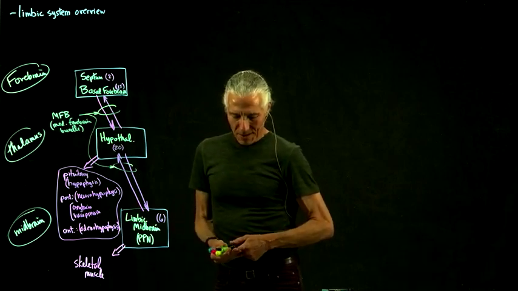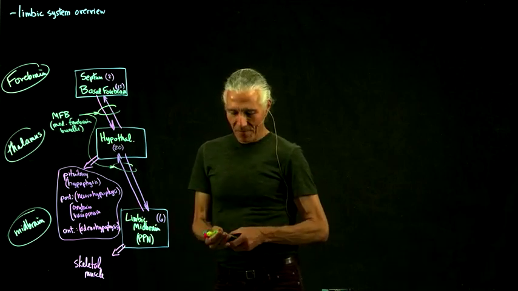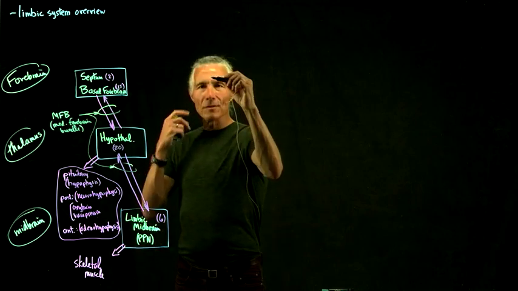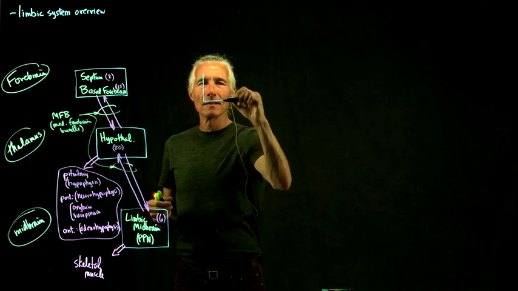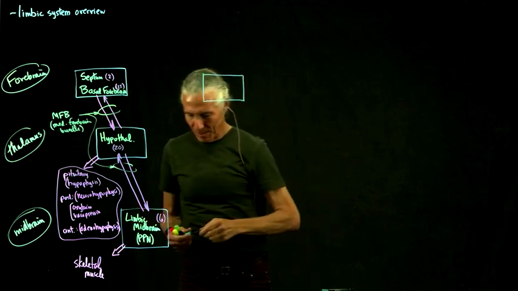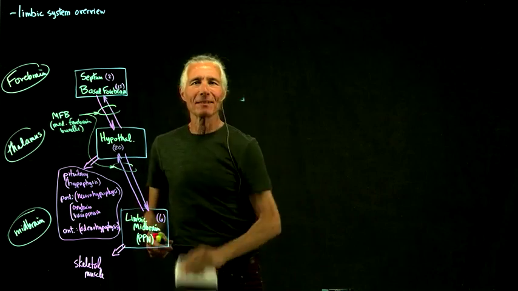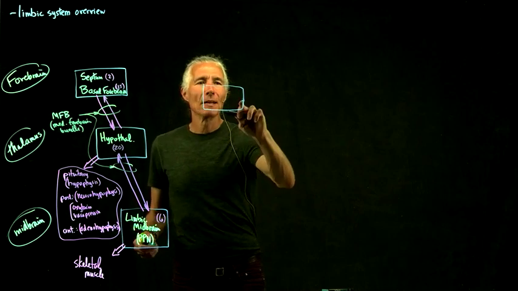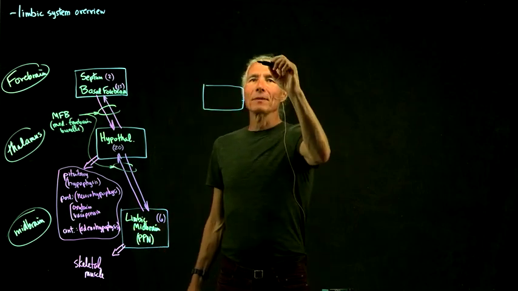Okay, so now let's move up to another structure in the forebrain, which is the amygdala. Let me just put that down a tiny bit. Give me a little more space. So here's the amygdala. And then there's the hippocampus.